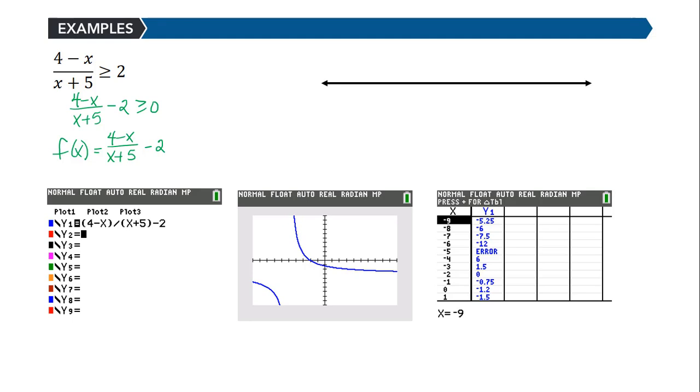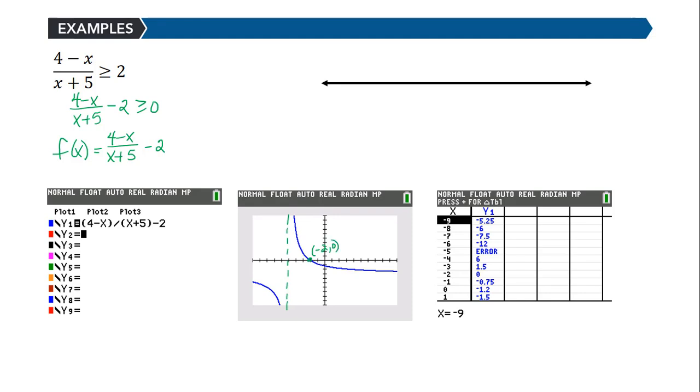At -5, we have this vertical asymptote. Again, these aren't going to be drawn on your graph. You've got to remember that there is a vertical line there at which the graph cannot cross. And then we also have a 0 at this point, -2, 0.